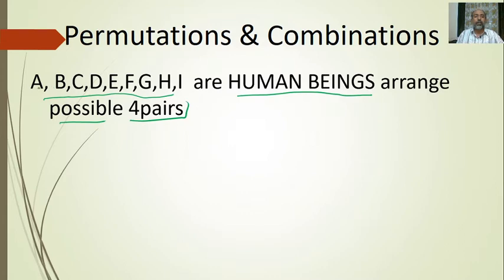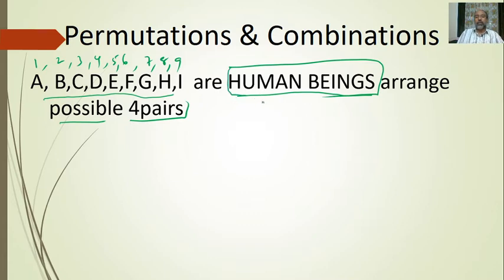There are 9 letters, A to I, referred to as human beings, right? In the case of human beings, if you put the left person to the right, there is no change at all in the set. Hence, the permutations method is not useful for this one.